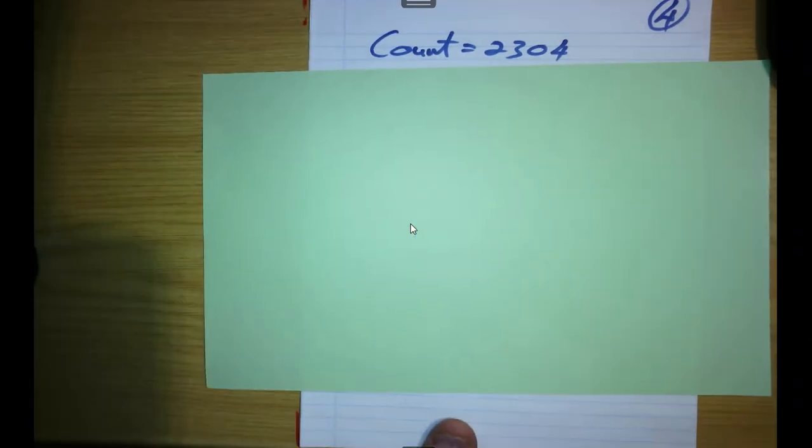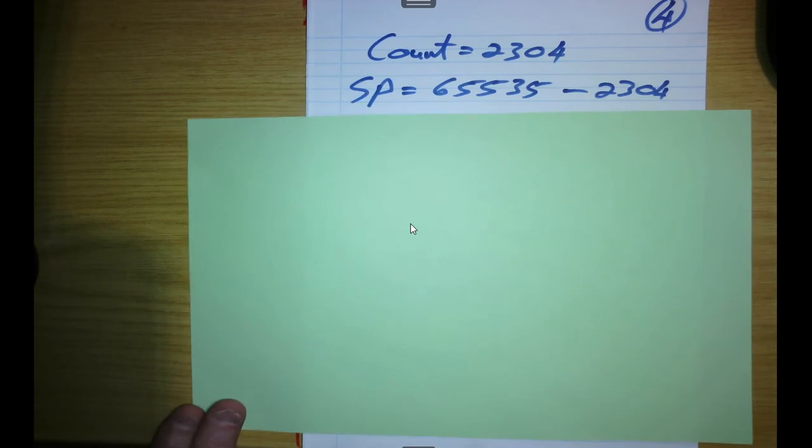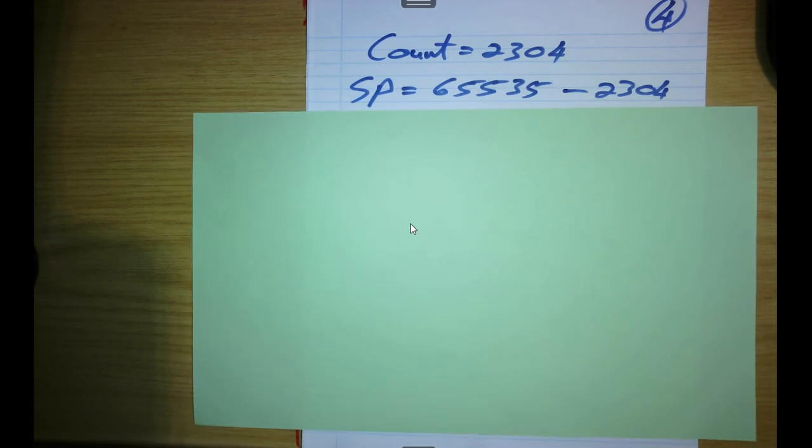So if I've got a count in my timer of 2,304, that means I will have a delay of 2,500 microseconds.